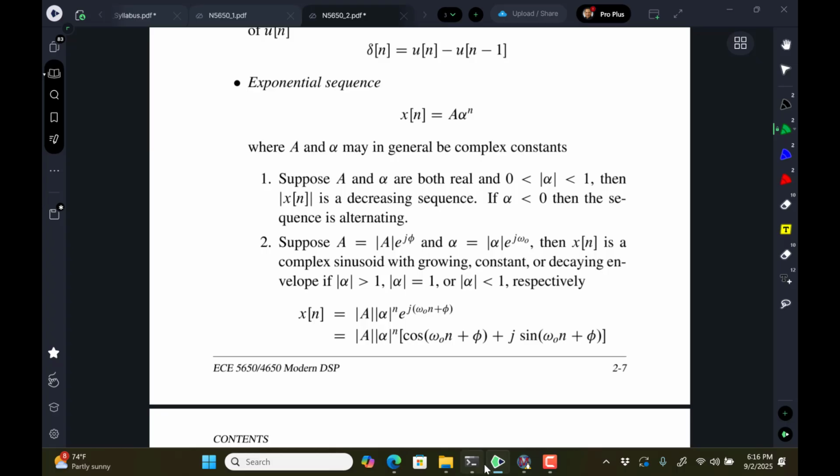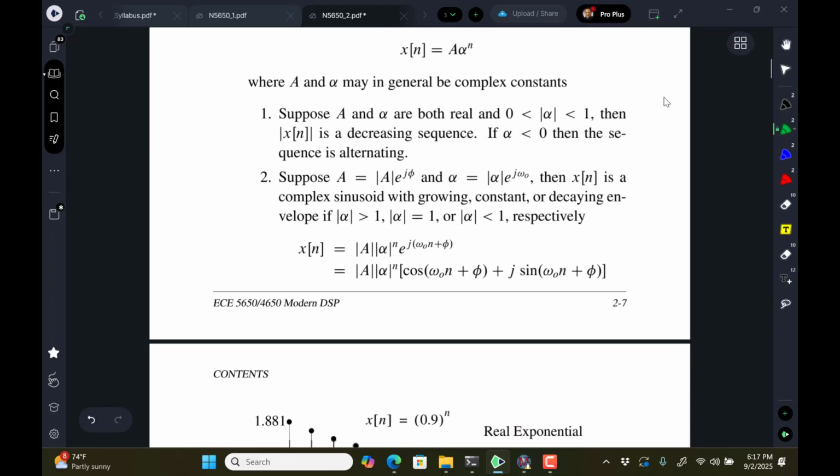As a first example, we can use alpha to control whether the sequence is increasing or decreasing. We make alpha greater than 1, and it will be an expanding exponential. We make it between 0 and 1, and it will be decreasing. If we make it less than 0, then it will be alternating.